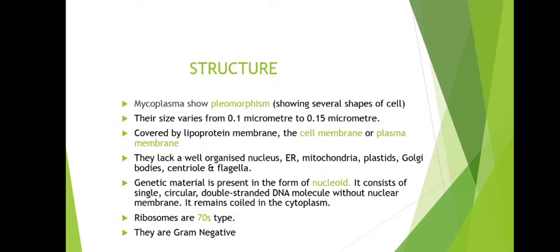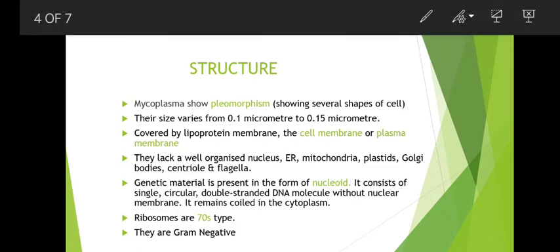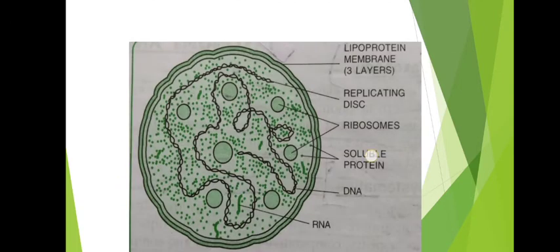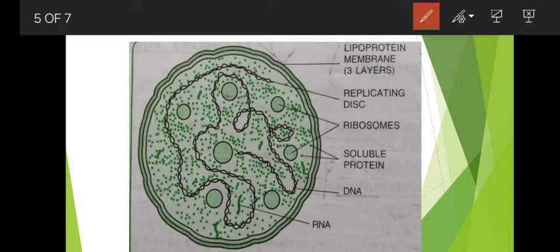Now next, after occurrence, we have the structure of PPLO or the mycoplasma. Let us first look into the diagram of the structure. Here we can see the mycoplasma has a three-layered lipoprotein membrane, that is, the membrane is made up of lipids as well as protein, from which the name is derived, and it has three layers. And this is the DNA, the entire coiled DNA that lies in the cytoplasm, and it lacks a well-organized nucleus.